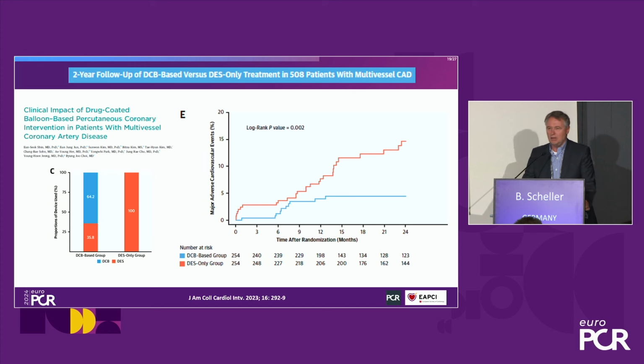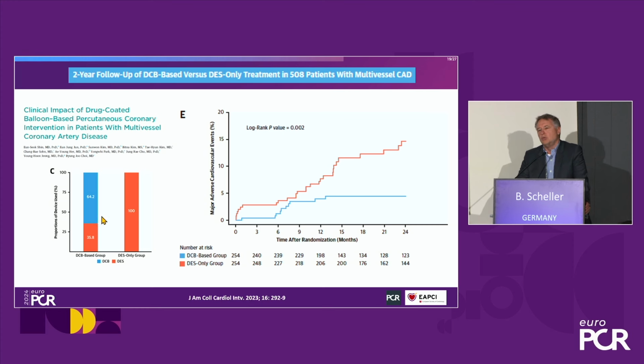And this is very elegant work from Professor Shin's group from Korea. They looked at the strategy of implanting a stent in every lesion in multivessel disease versus the DCB-only strategy, which means that on a per lesion basis, the lesion gets treated with DCB or with a drug-eluting stent. And here you can see that in multivessel disease, there was a relationship of 2 to 1.